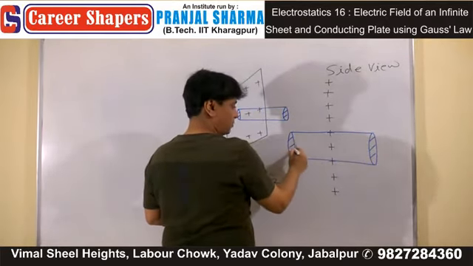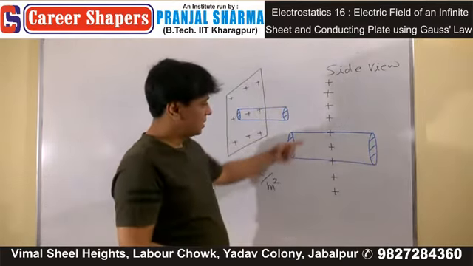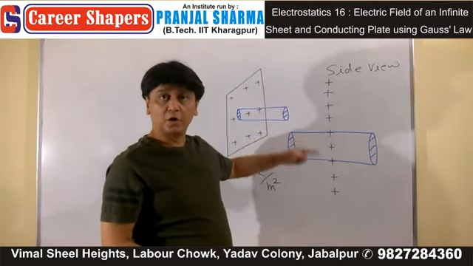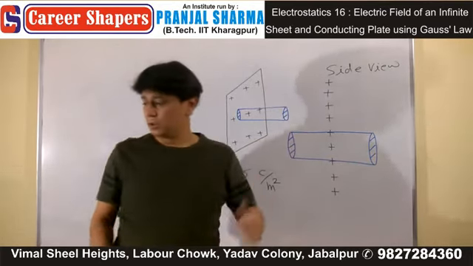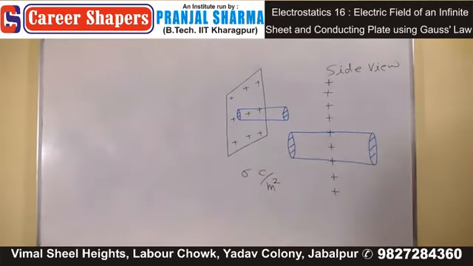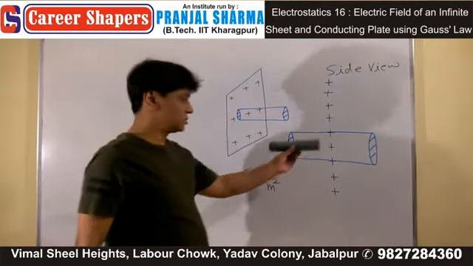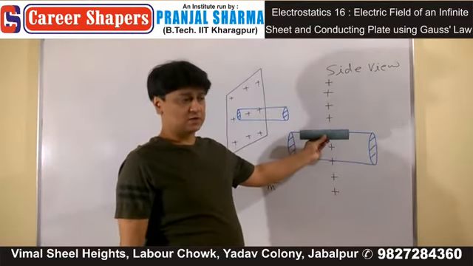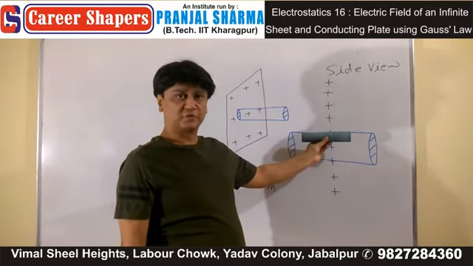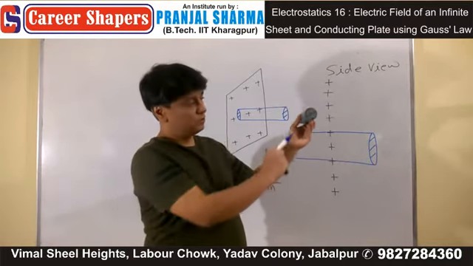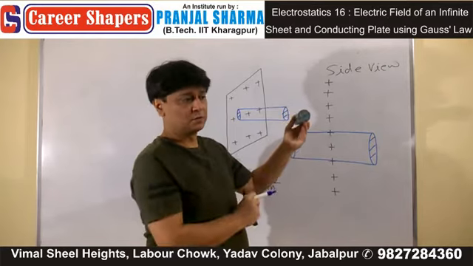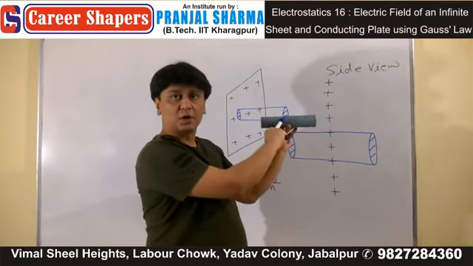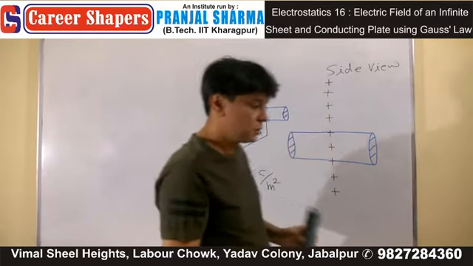These two are flat portions and this is the curved portion. The whole thing is a cylindrical Gaussian surface placed like this. That's your Gaussian surface. It has flat surfaces, and at the same time it has curved surfaces.